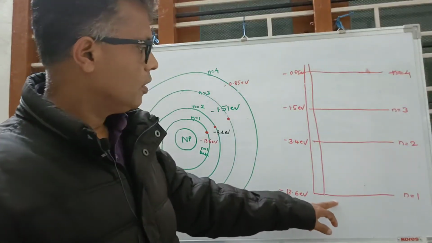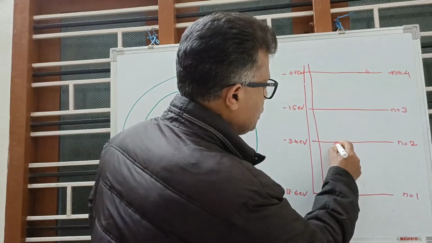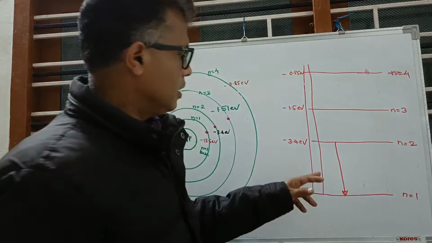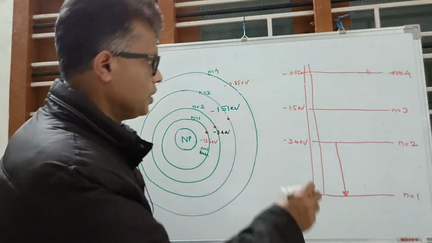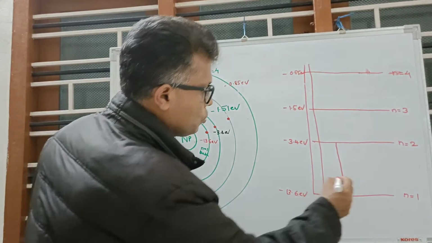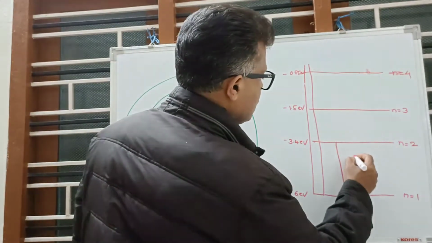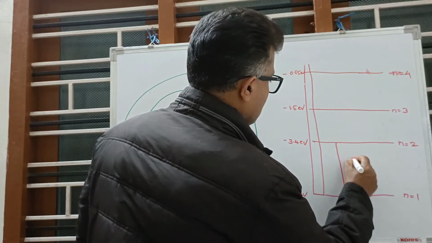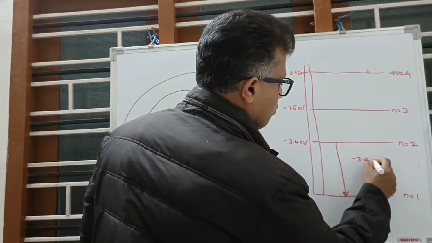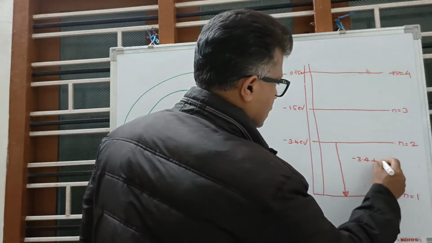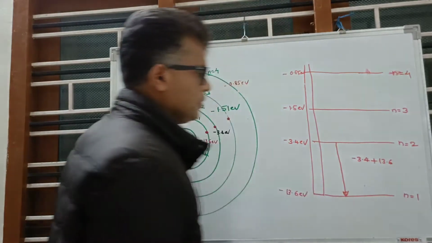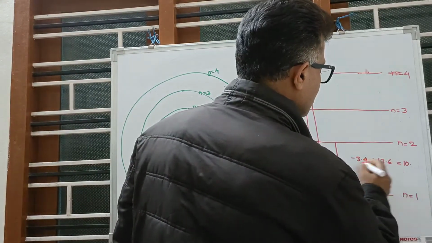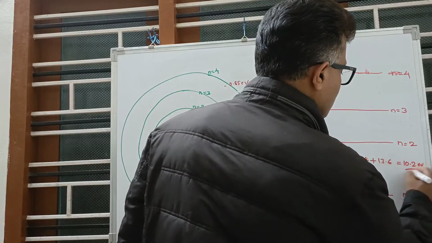If an electron is jumping from here to here, how much radiation energy will be produced? We will just calculate. Jumping from here to here, it is minus 3.4 minus of minus 13.6, minus into minus is plus, so it becomes 10.2 electron volt.